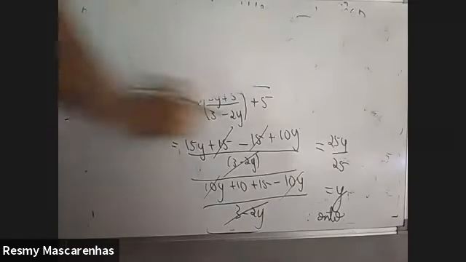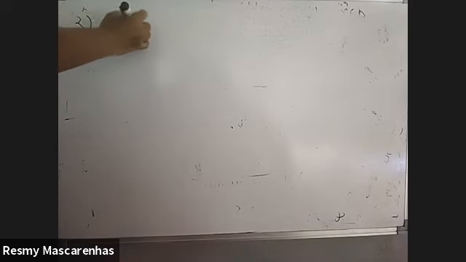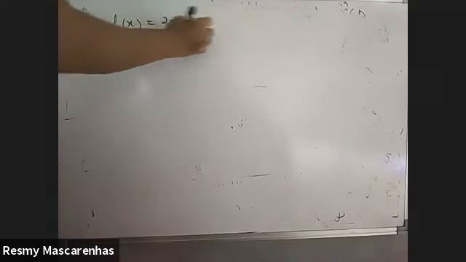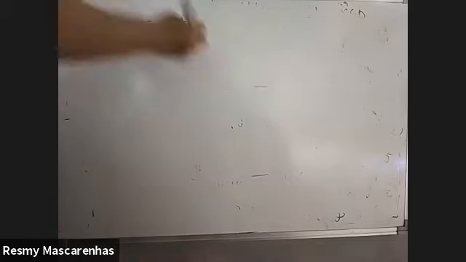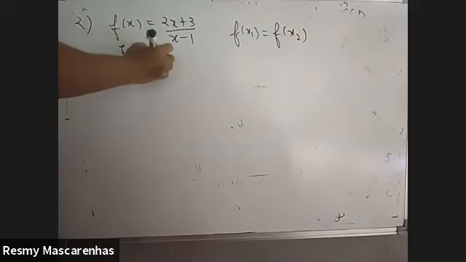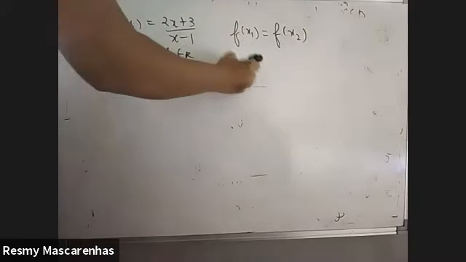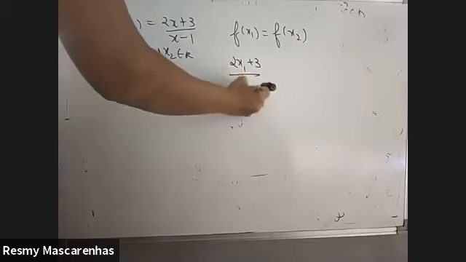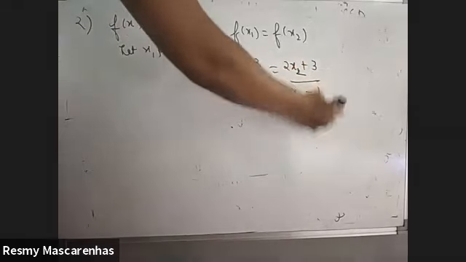Third one is for you all to try later. Okay, so f of x1, okay, after this then 2x1, and then cross multiply.